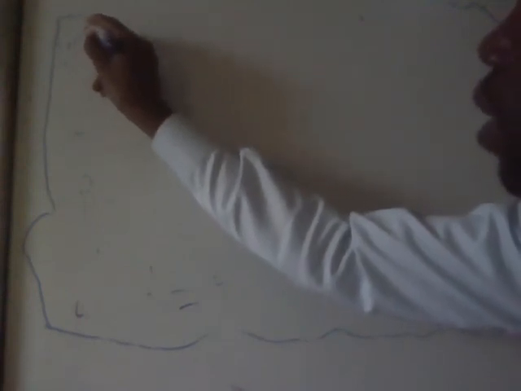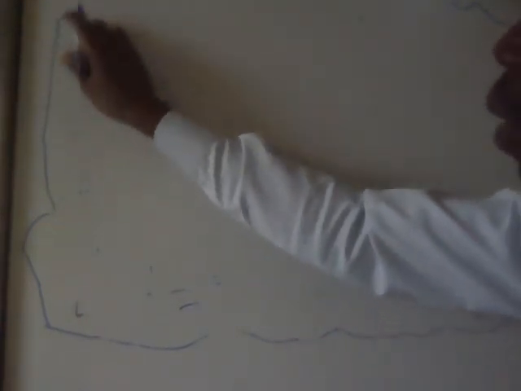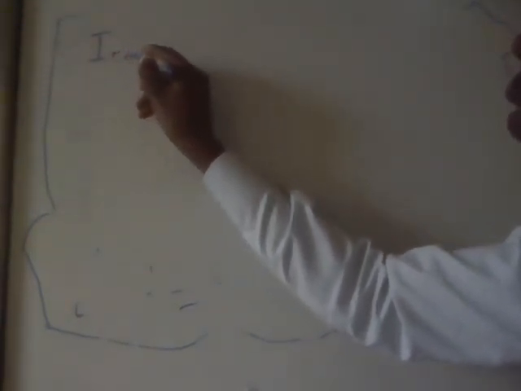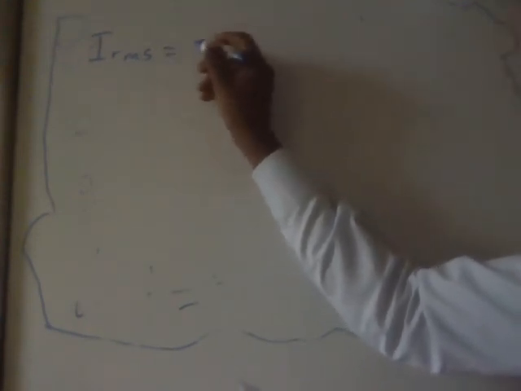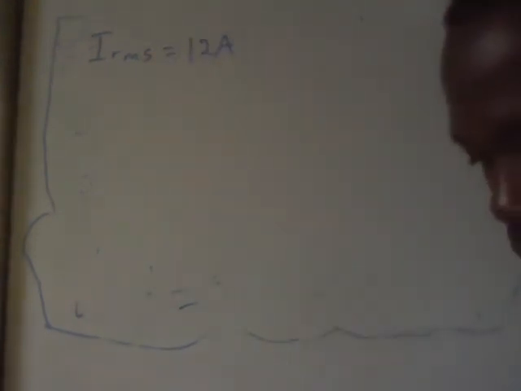Number 39. The root mean square of current in a circuit is 12.0 ampere. Root mean square current, that is I RMS, is 12.0 amperes, or just 12 amperes.